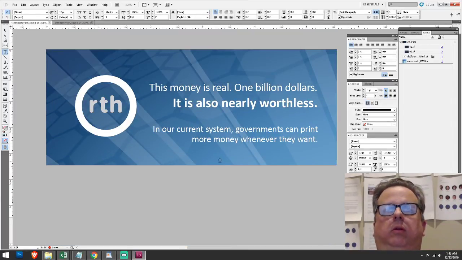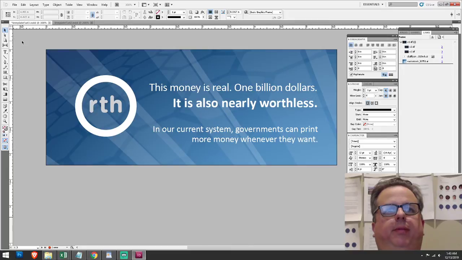This money is real. $1 billion. It is also nearly worthless. In our current system, governments can print more money whenever they want. I really kind of feel like this needs to go on the back side.